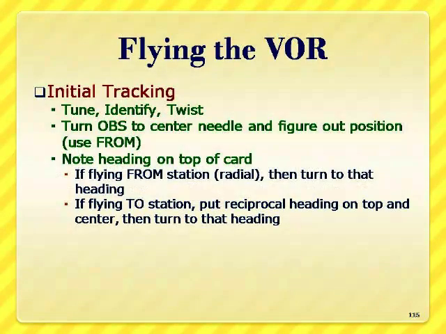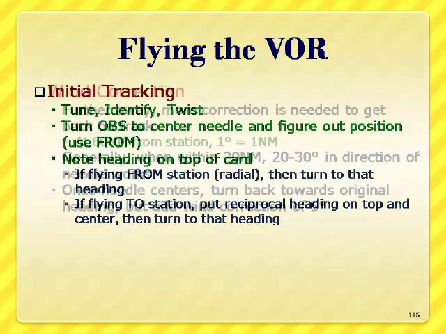Flying the VOR: initially tune, identify and twist, turn OBS to center the needle and figure out the position. Note the heading on top of the card. If flying from the station, then turn to that heading. If flying to the station, put the reciprocal heading on top and center, then turn to that heading.